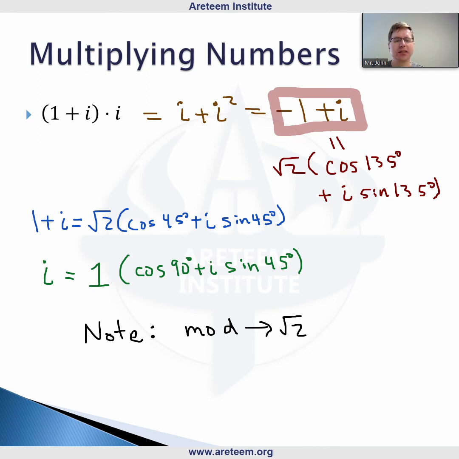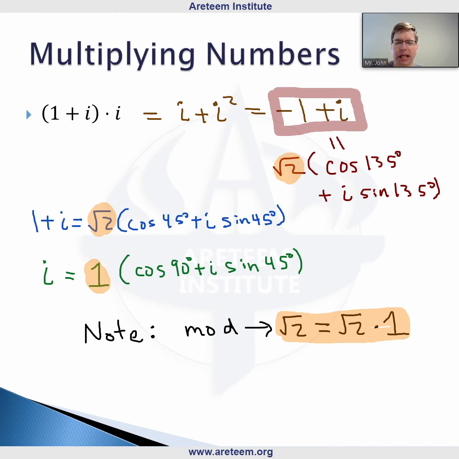And notice that that square root of 2 we could think of as square root of 2 times 1 in this case. The key thing here is I'm just focused on the moduli for a second. So we're looking at those and trying to figure out a relationship between those.